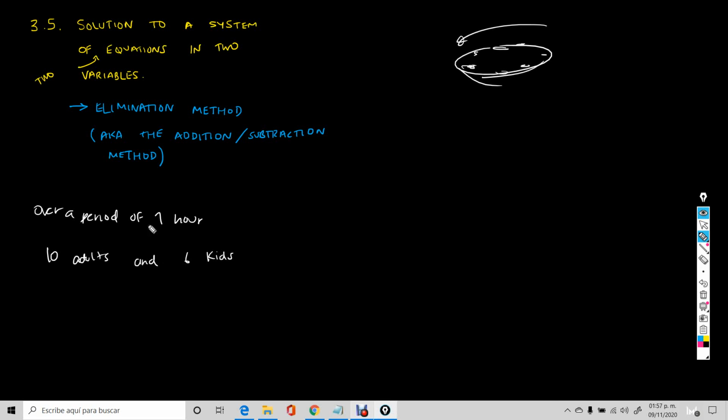Okay, this is what you observe over 1 hour. Let's suppose that you're just sitting down on a bench very comfortably, and you observe that. The number of adults that go in here and the number of kids is 10 adults and 6 kids.